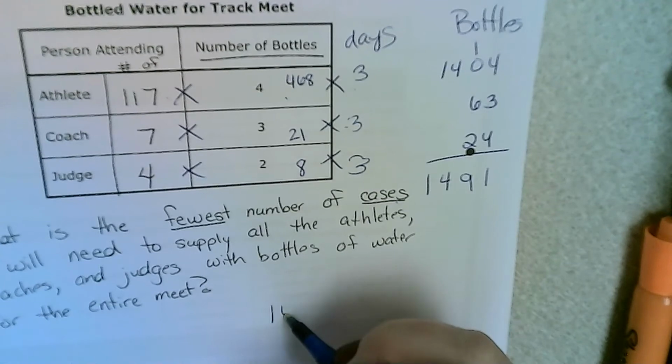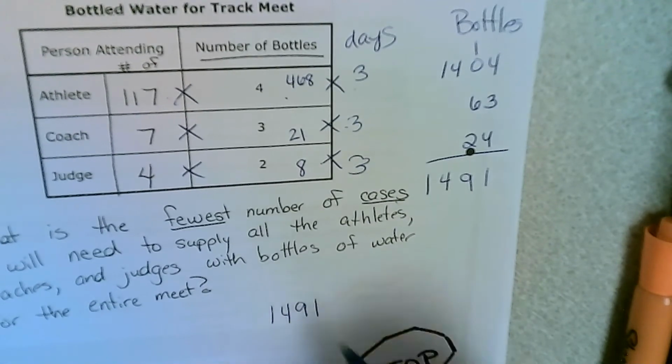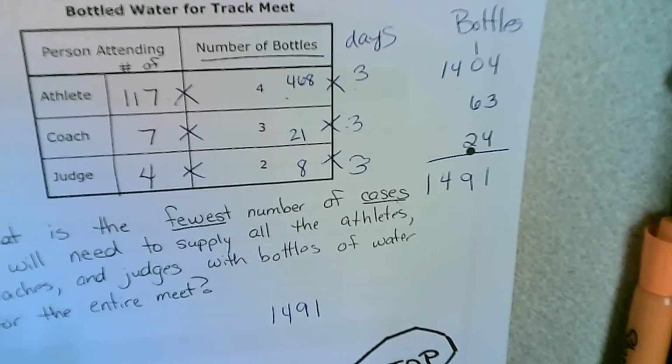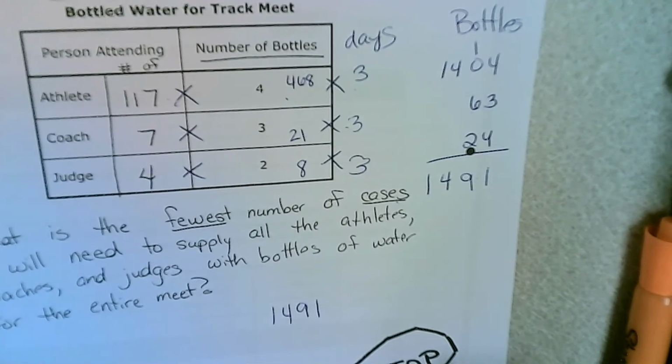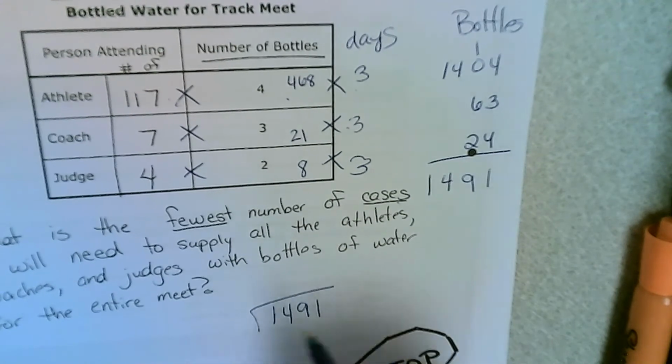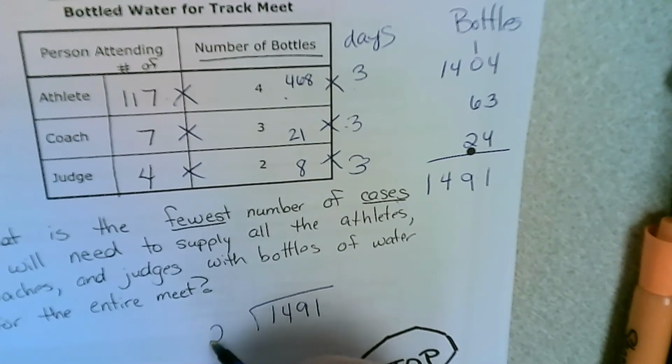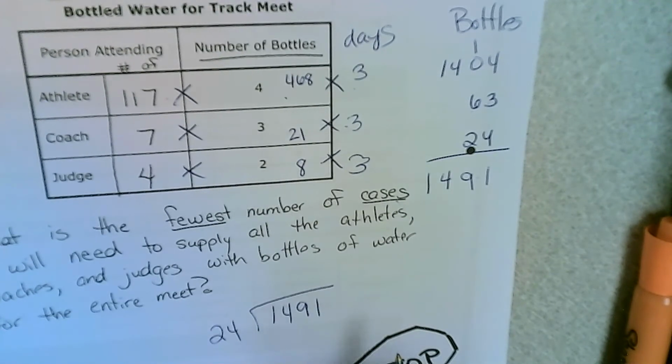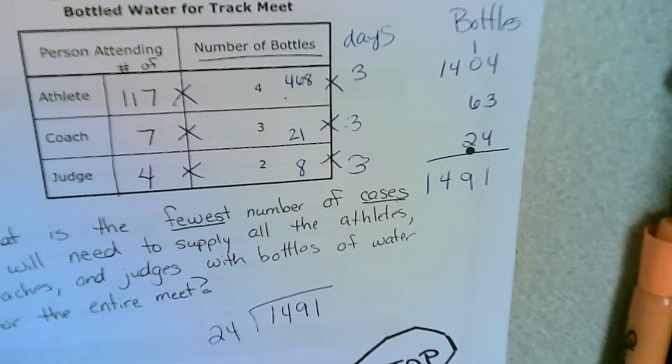So if I know I have 1,491 bottles and each case holds 24, remember each always means either divide or multiply. Well, if this is individual bottles and I need by the case, I'm going to divide those bottles into cases.